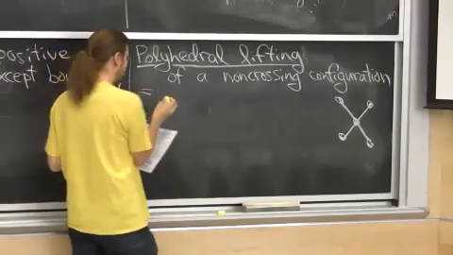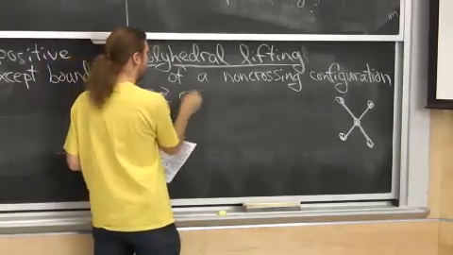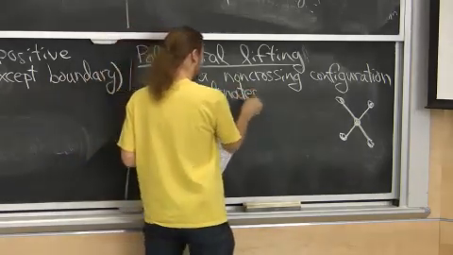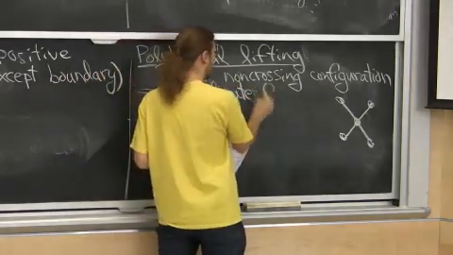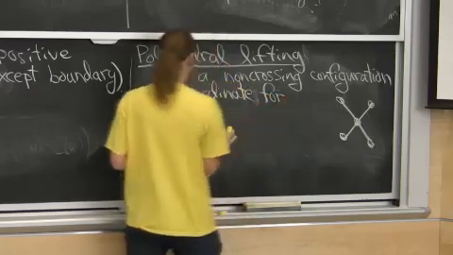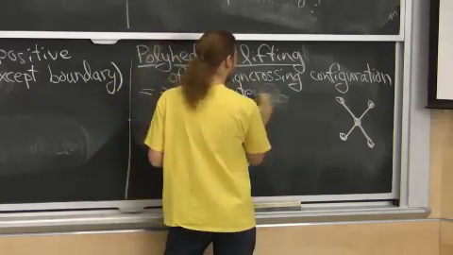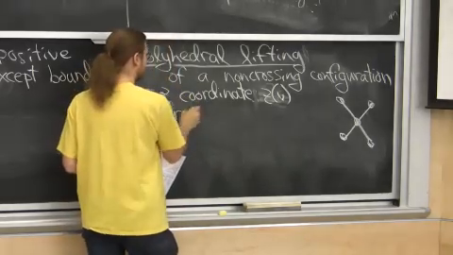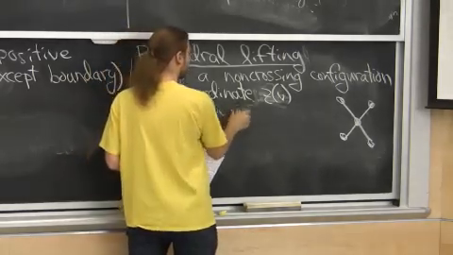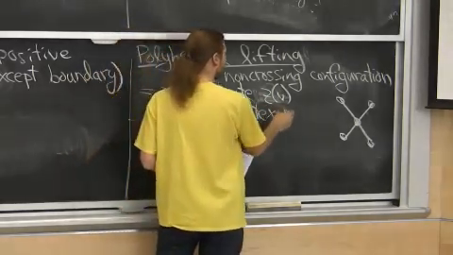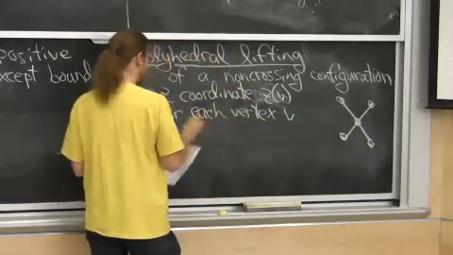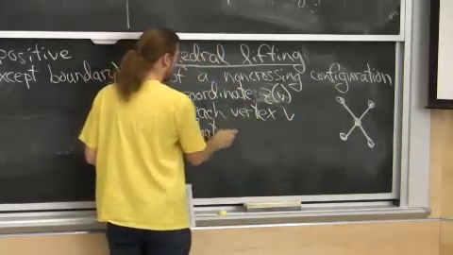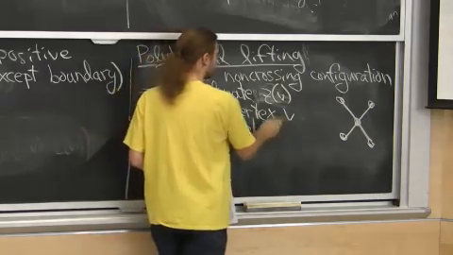A polyhedral lifting is going to be an assignment of z-coordinates to the vertices. So it's going to be a z-coordinate z of v for each vertex v, such that each face remains planar.